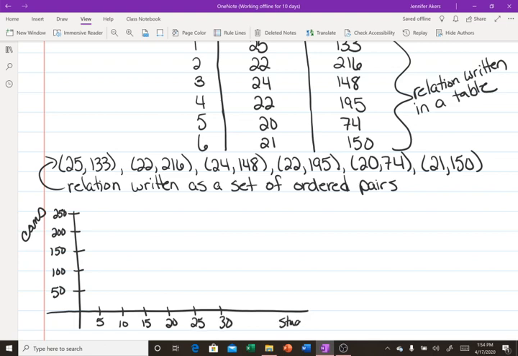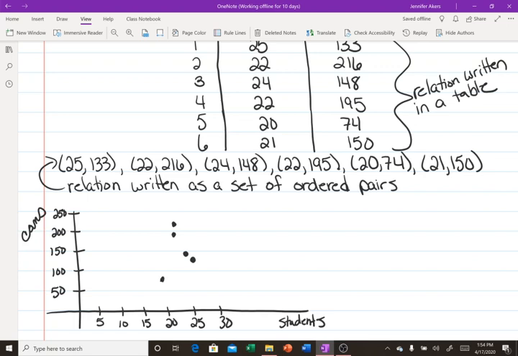These are students. 25 students and 133 cans would be here. 22 students and 216 cans would be up here. 24 students and 148 cans. 22 and 195. 20 and 74.